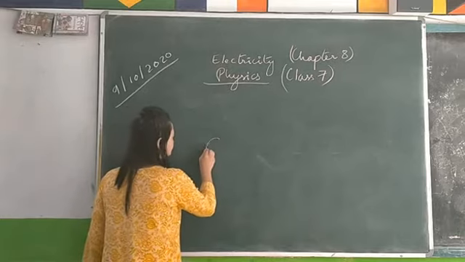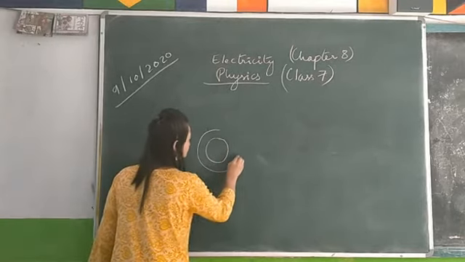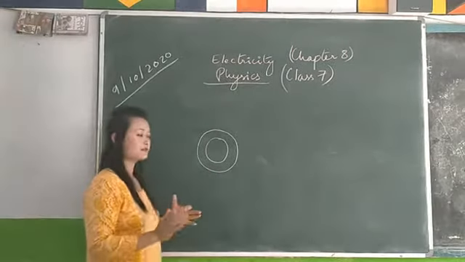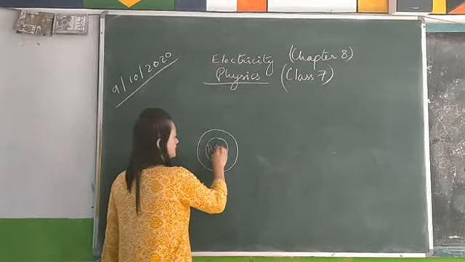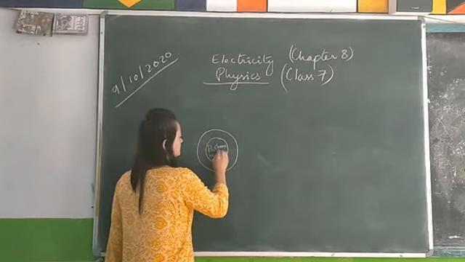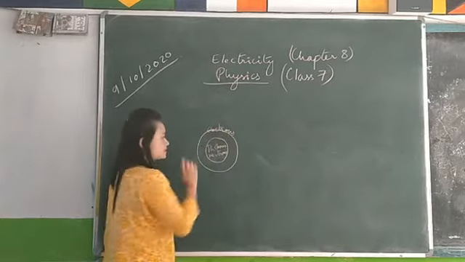An atom has 3 basic particles. They are protons, neutrons, and electrons.